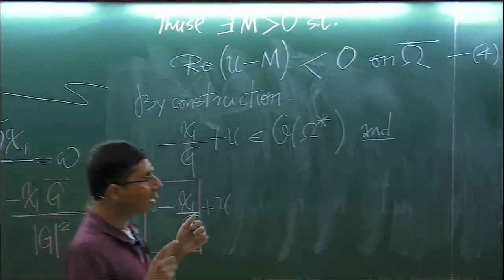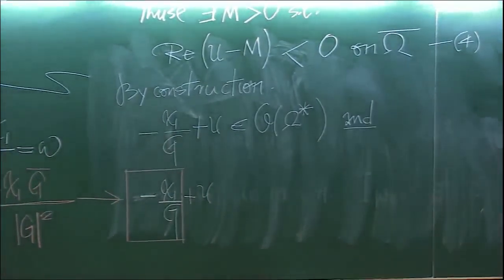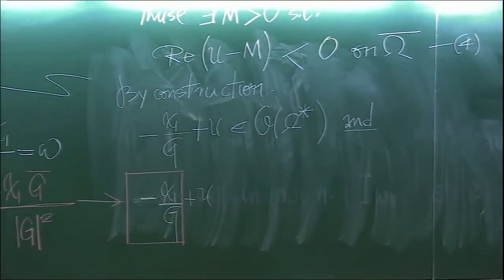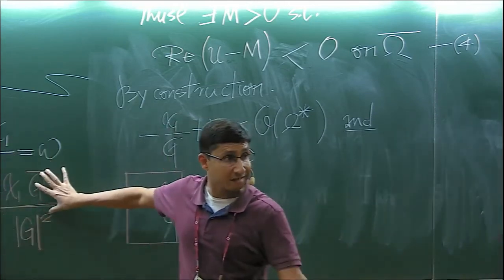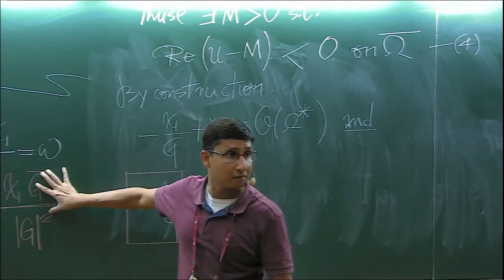Inside the set where phi1 is defined, g is just 1 minus phi. So the real part of phi is positive because of the peaking condition. So the real part of this whole thing is strictly negative on omega.